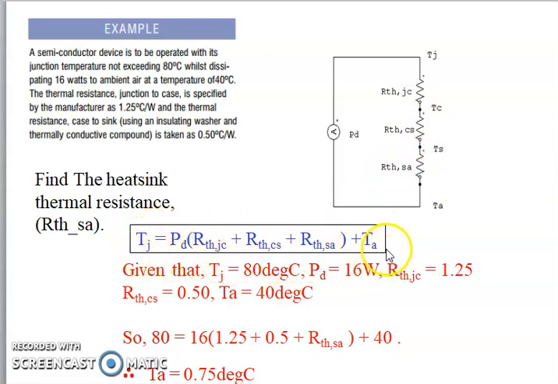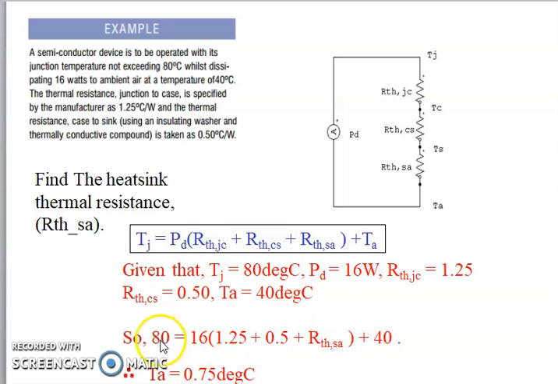We have learned how the formula is generated, so we just use it for the analysis. It's given here: TJ, PD, R thermal JC, R thermal CS, and ambient. We list down all the information given, and we try to find out which parameters we need to find. So we need to find the heatsink thermal resistance.